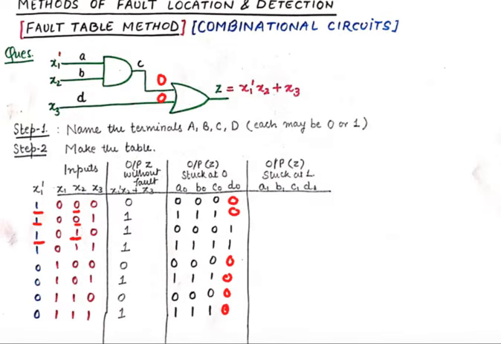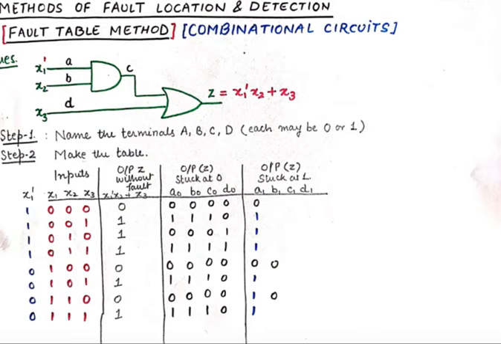Similarly, we can see when the terminals are stuck at 1. When the terminals are stuck at 1, let's see when A is stuck at 1, everything will depend upon B. So whatever the value of x2 is, it will be replicated at C. So in other words, we have B, which is x2, and x3, right?